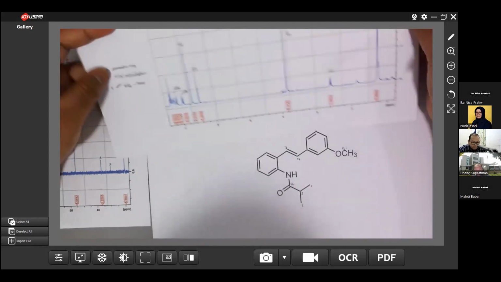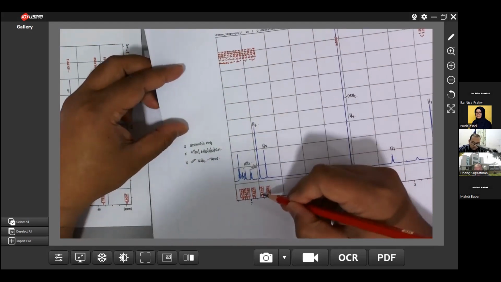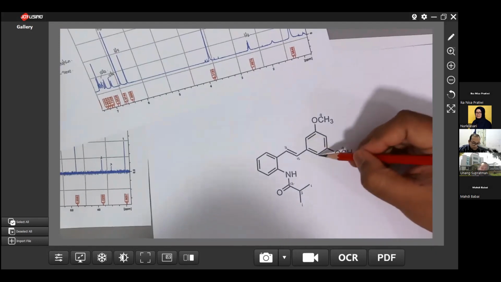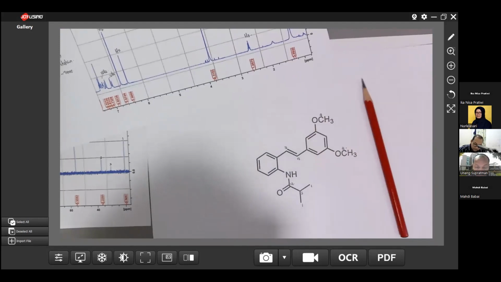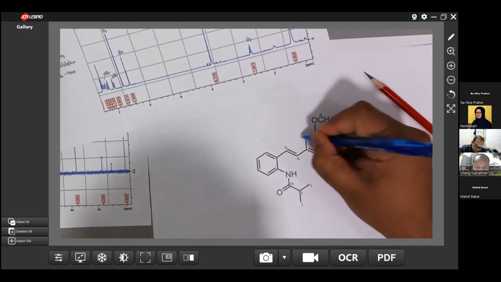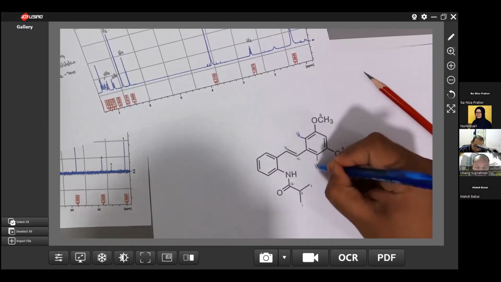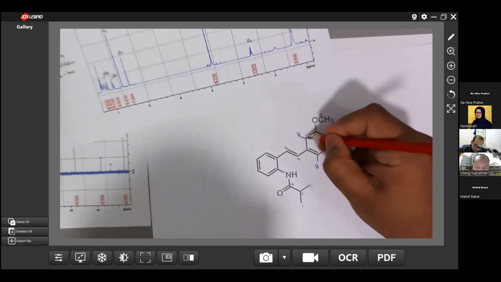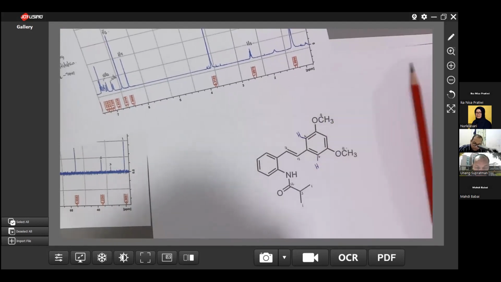And in the aromatic regions here, we have 1 and 2. The chemical environment is similar, so we can put 6 here, and we can put 5.